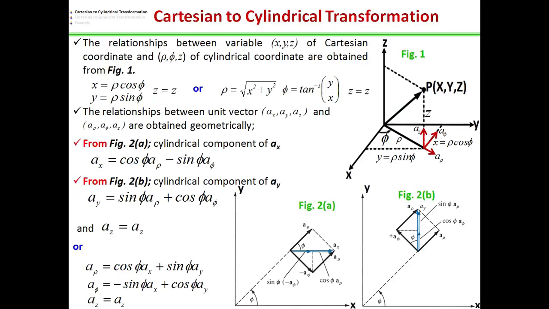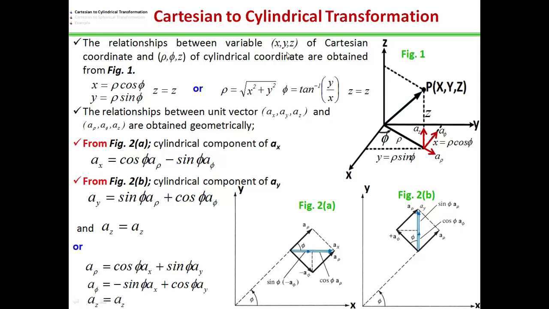So let's start with the Cartesian to cylindrical transformation. Earlier I told you that Cartesian coordinates are denoted by x, y and z, whereas cylindrical coordinates are denoted by rho, phi and z. From figure 1, you can see the x, y and z coordinates can also be represented by rho, phi and z.